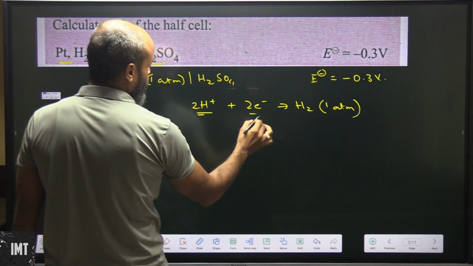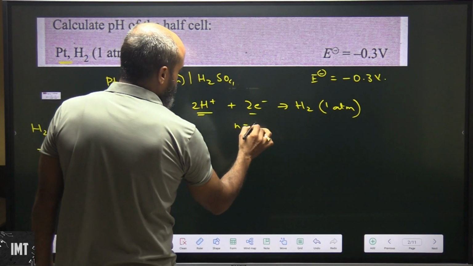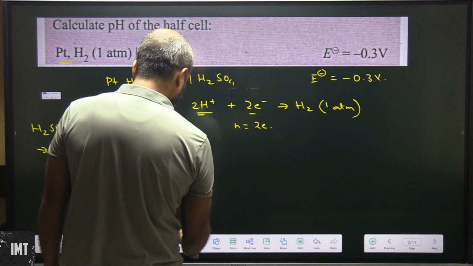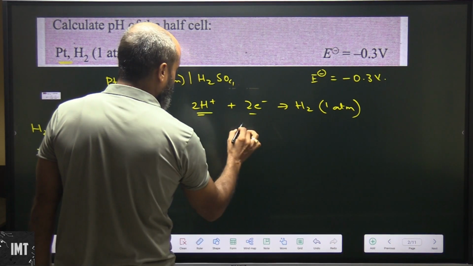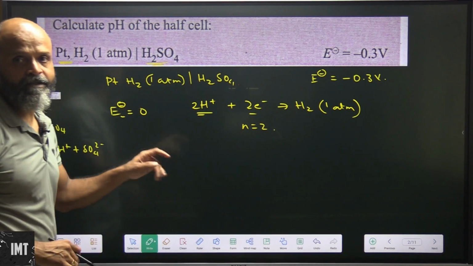If we consider the n factor here, the balancing part, n is equal to 2.